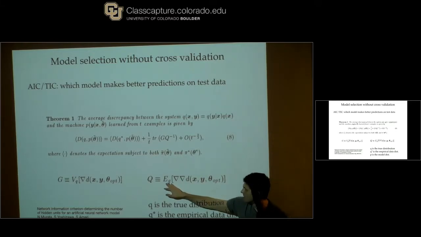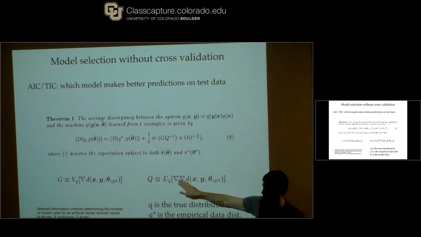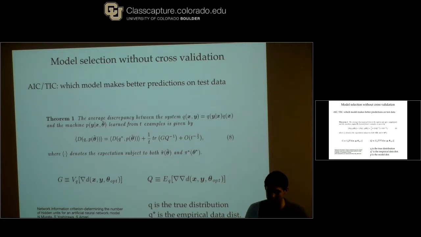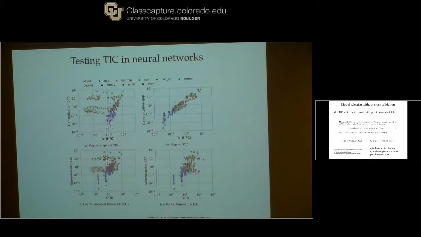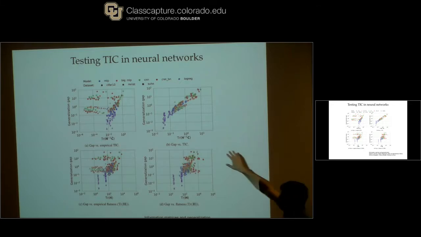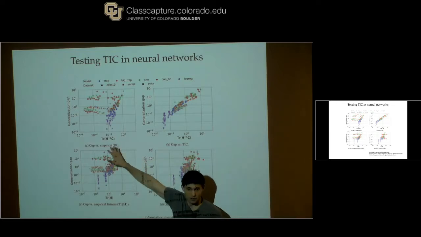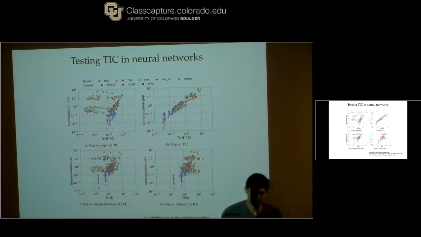And on the right-hand side is taking that expectation value with respect to the true distribution, which they approximate by doing it on the test set, which is not the data that they trained on. And over here, this is on the training set that they trained on.